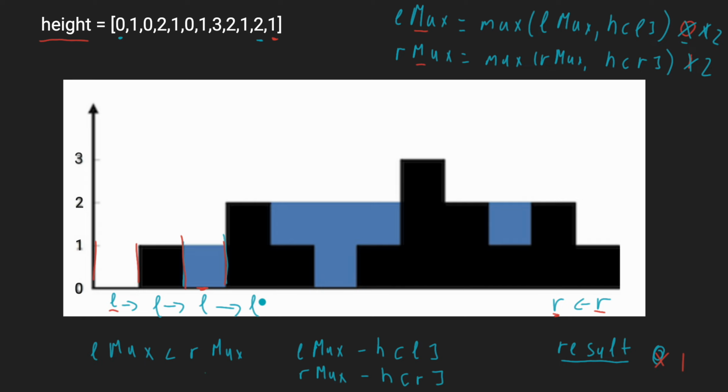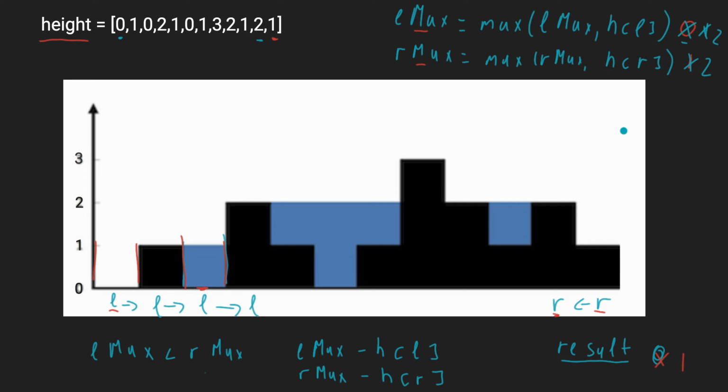Now our Lmax is equal to 2, which means that the height of the wall to the left of our array, including this position, is equal to 2. The same for the R: including this position, the height of the wall is equal to 2.